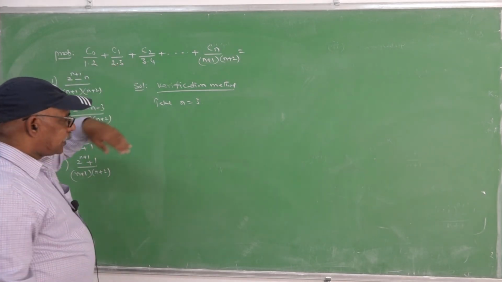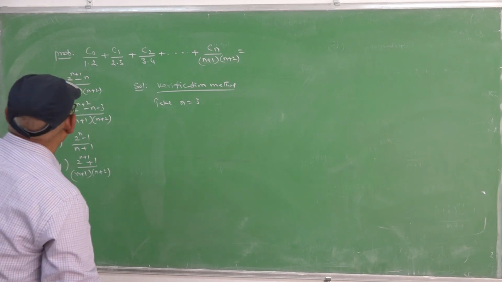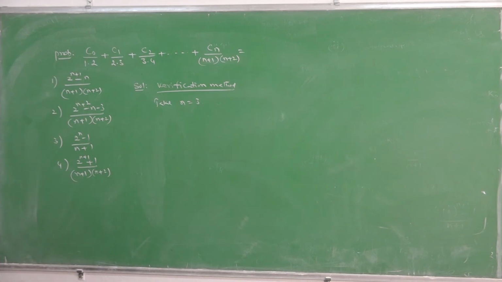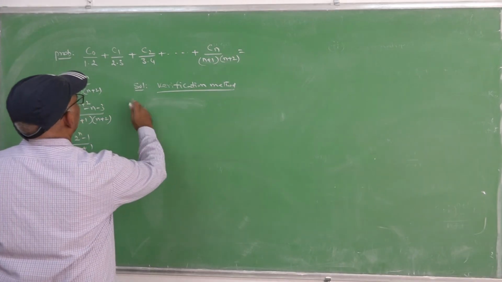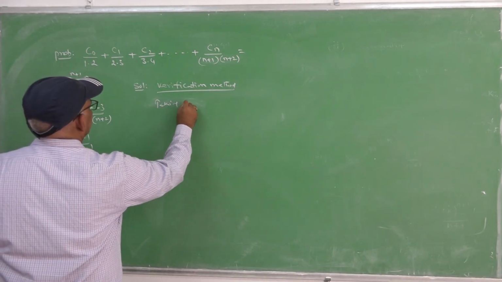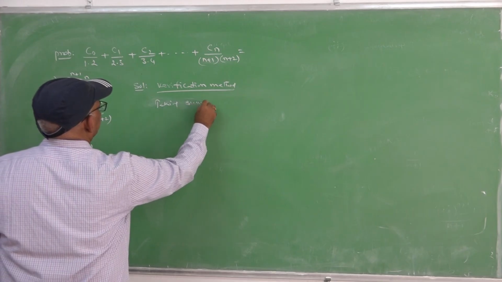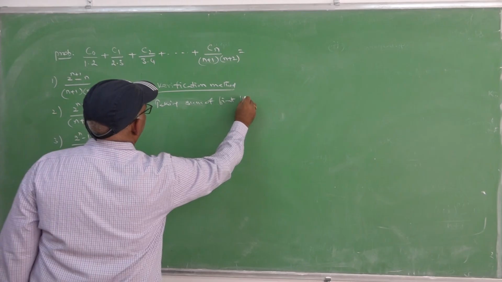Out of n plus 1, taking n equal to 3. Okay. First, sum of the first 3 terms, of course.